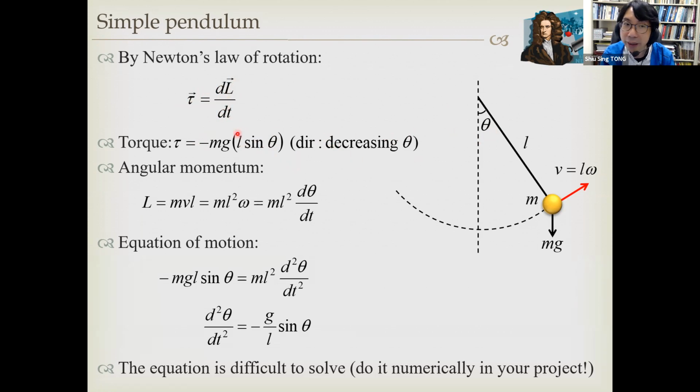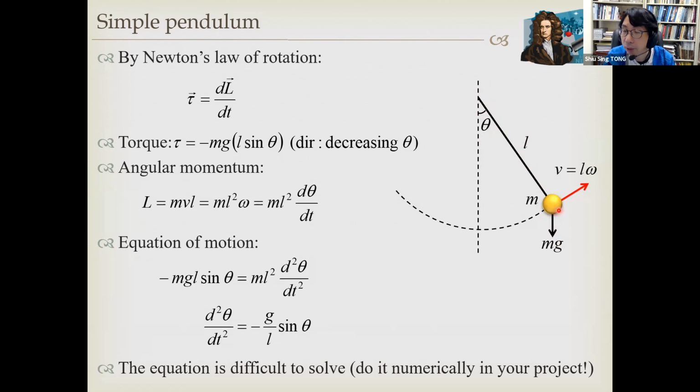Now, how do we calculate the torque of a pendulum? If this is a bob of mass m, it is tied by a string of length L to a fixed point. And the string now makes an angle theta with the vertical. So what is the torque acting on this bob about the fixed point?